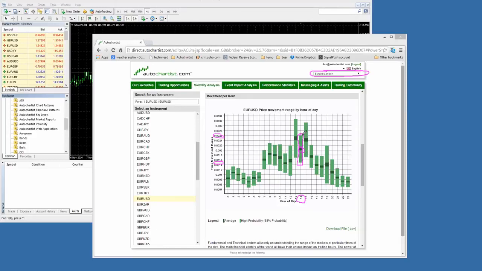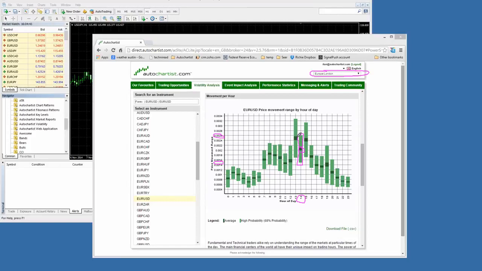Let's go over that again. So right now at 2 p.m. London time, we're expecting Euro USD to trade in the range somewhere between 15 pips and 26 pips. Now, I'm not giving you direction. I'm not saying it's going to go up or it's going to go down. I'm saying how many pips we're expected to move in the next hour.